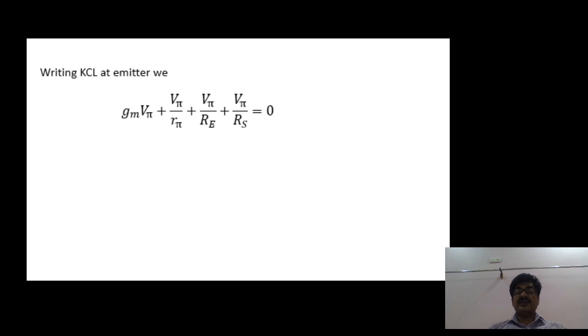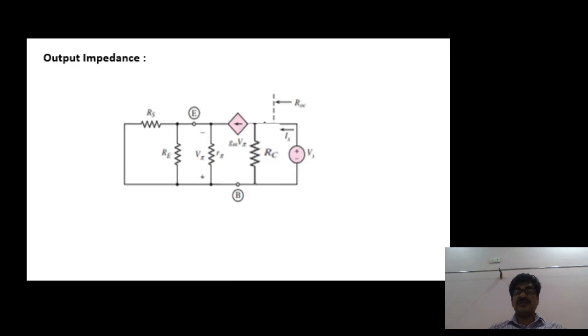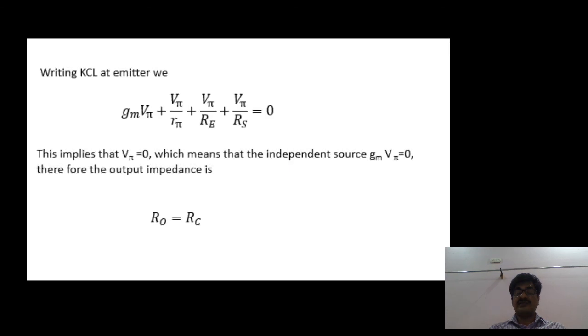See here, for the output impedance we are looking at the collector, that's why we neglect RL. Therefore, it is equal to RC only. So that is the analysis of the common base amplifier using the hybrid pi model. Okay. Thank you.